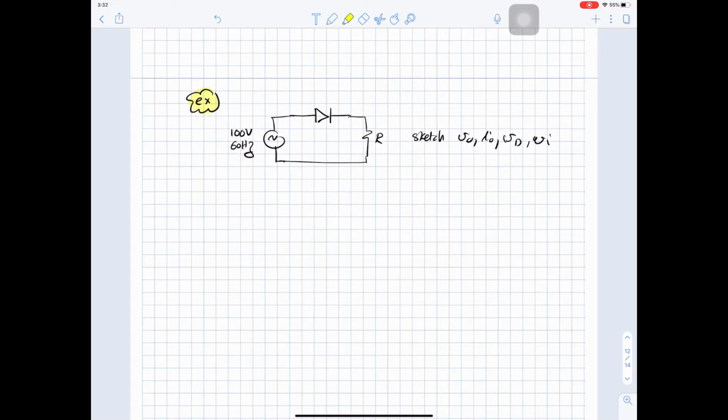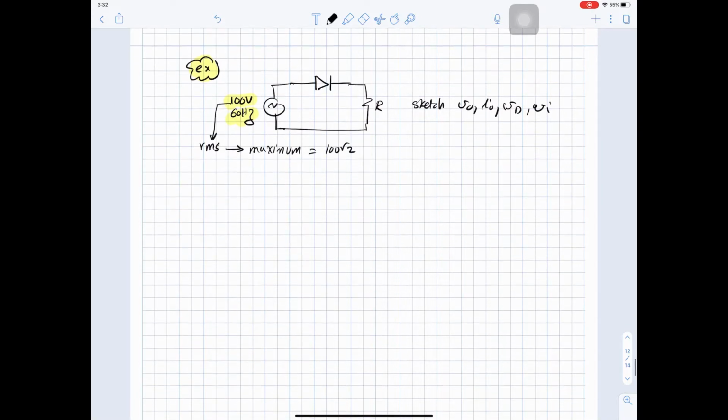The difference here is that you are given the values here. So this 100 volt is RMS. So the maximum of the source value will be 100 root 2. So when we are sketching here, we are looking for the values that we will write down. So here we are sketching the input voltage.